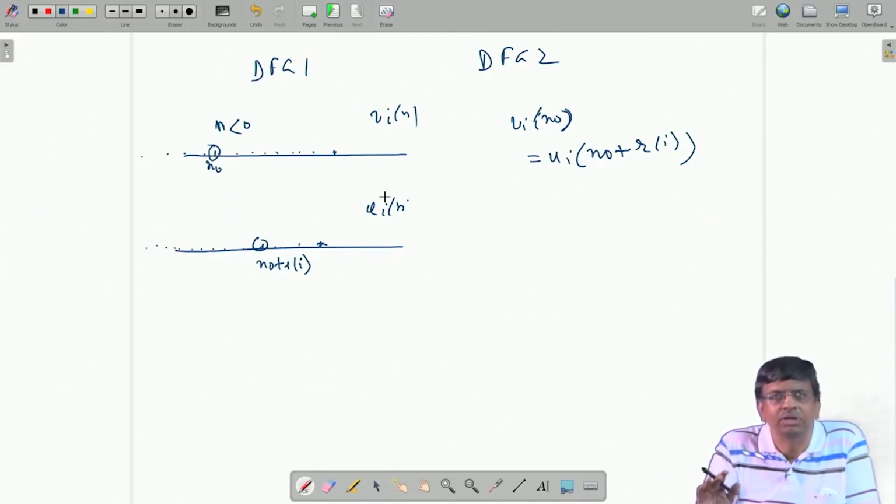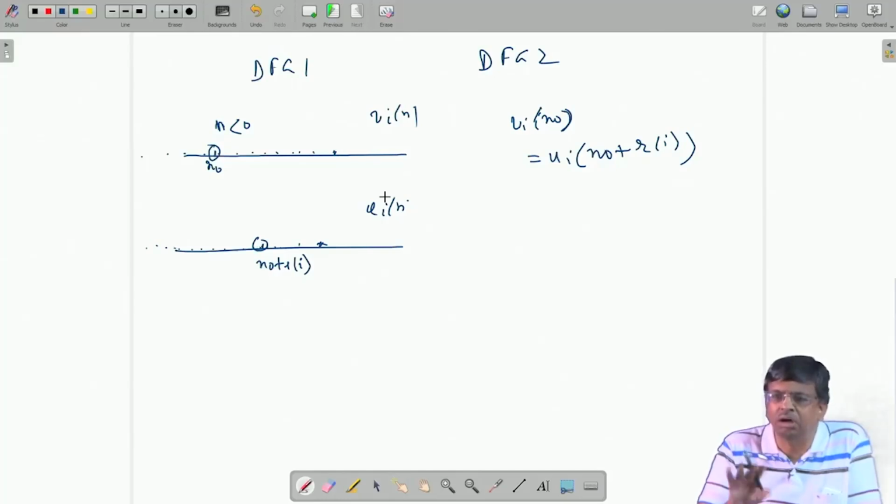So, this is the proof of the retiming theorem: every edge delay you can change by adding retiming values. If the original delay is W, then the new delay is W plus R of V minus R of U. V is the destination node of that edge from U to V, U is the source node, R of V is the retiming value of node V, and R of U is the retiming value of node U. So the retimed delay will be W original plus R of V minus R of U, and you do this throughout the DFG.